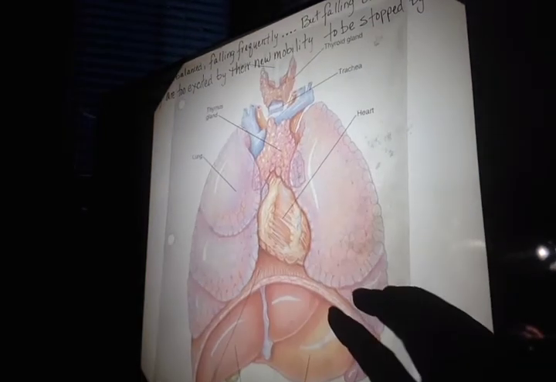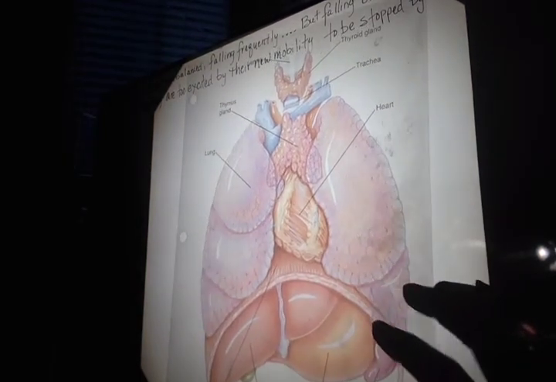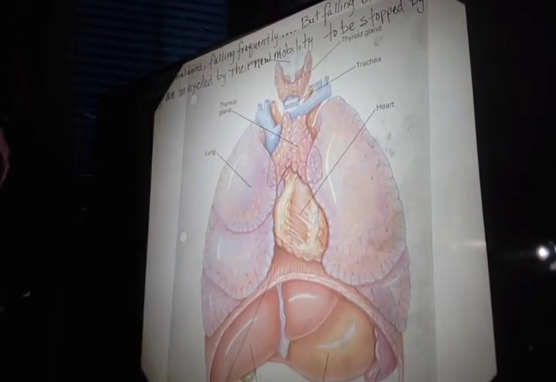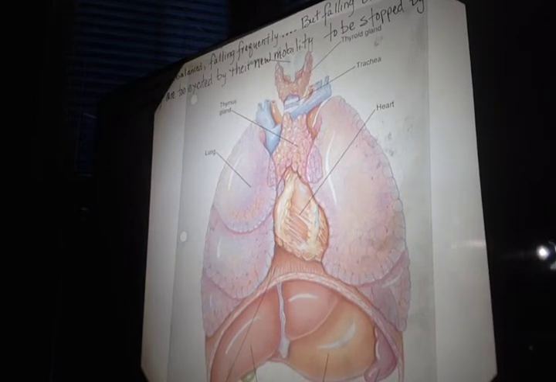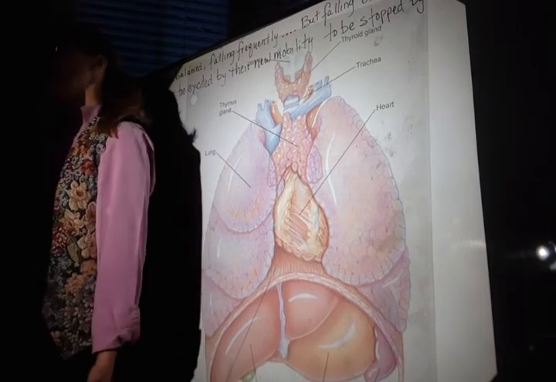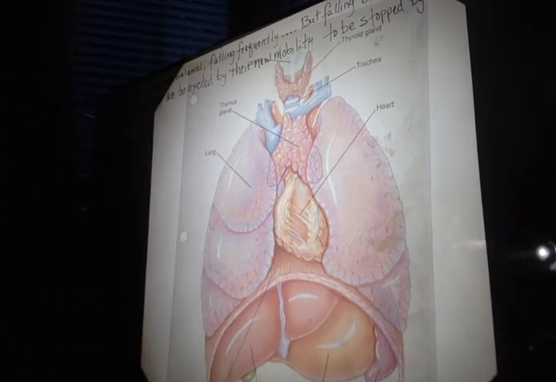Now, the thymus gland. The thymus gland gets very short shrift when you're talking about the lymphatic system, and the reason is we don't know very much about the thymus gland.